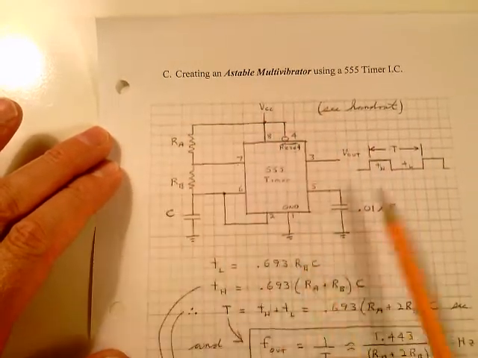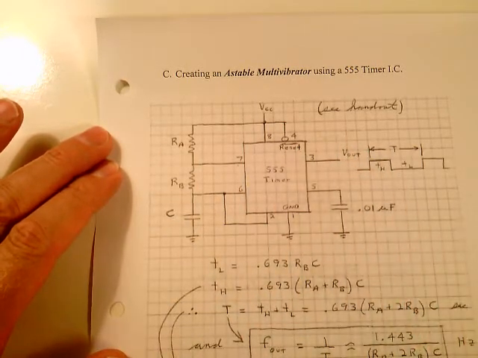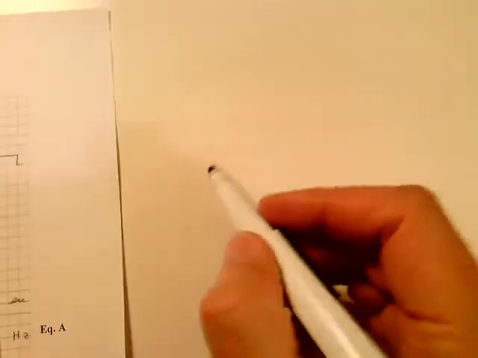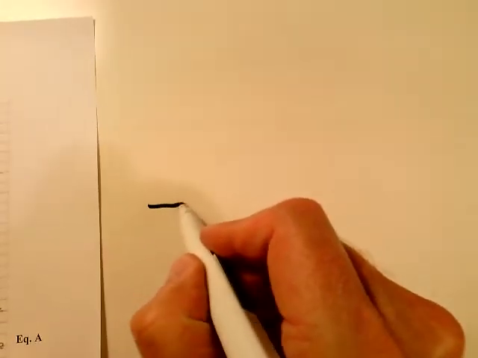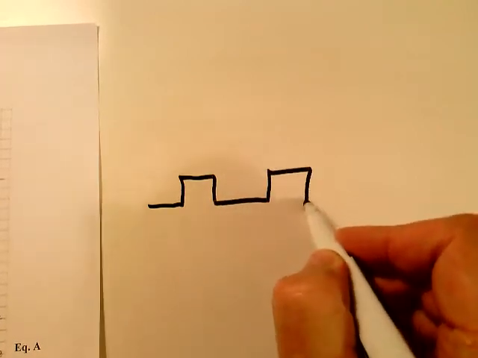If you connect this circuit up like this, and take a look at your equations in your app notes, which I'll draw right here for you, it's a lot easier to see, you'll get a free running oscillator circuit that looks like that.